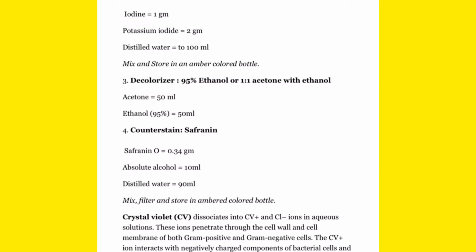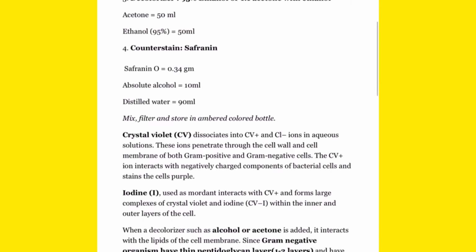Mix 95% ethanol 50 ml and acetone 50 ml, and store in bottles. Counterstain, why we need a counterstain, I will tell you later. This is made using safranin O 0.34 grams, absolute alcohol 10 ml, and the remaining 90 ml of distilled water, also in colored bottles.